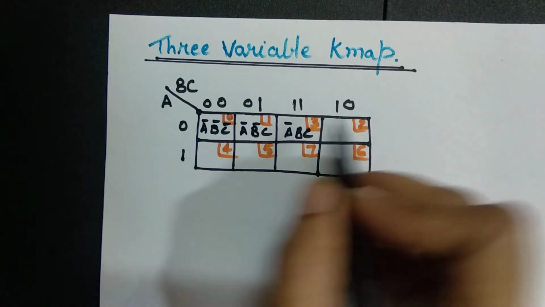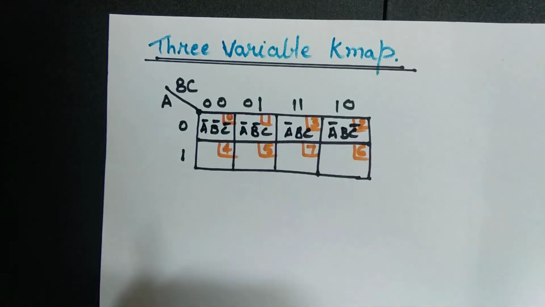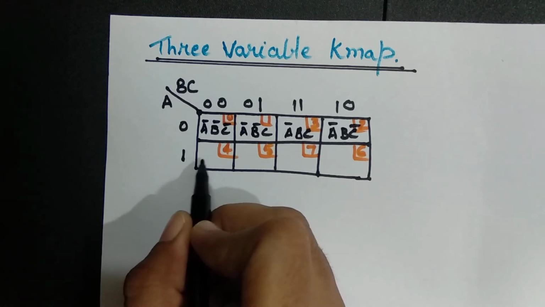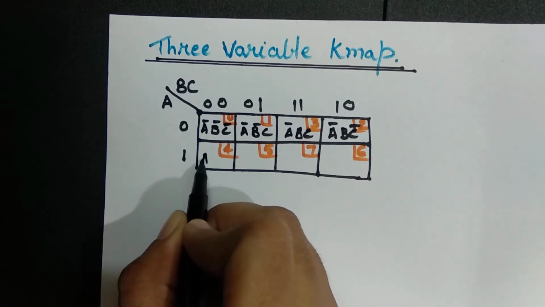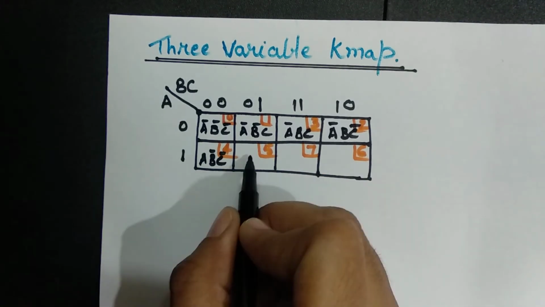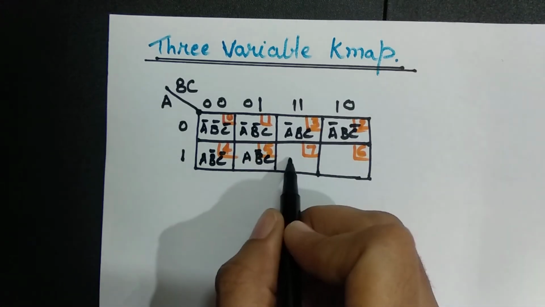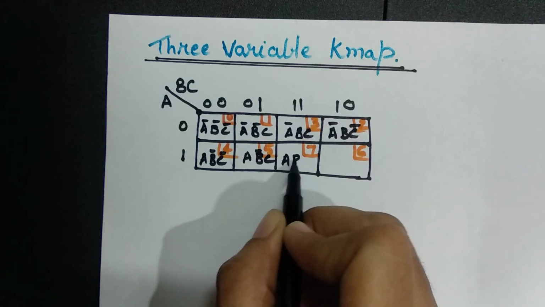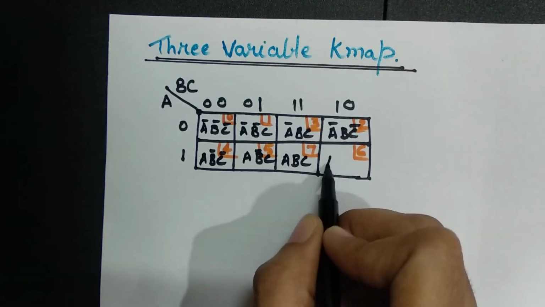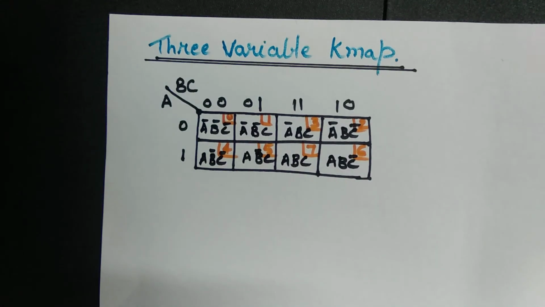This will be A bar B C. The next will be A B bar C bar, A B bar C, then A B C bar, and A B C. So these are the values which we can consider in the case of a 3 variable K-map.